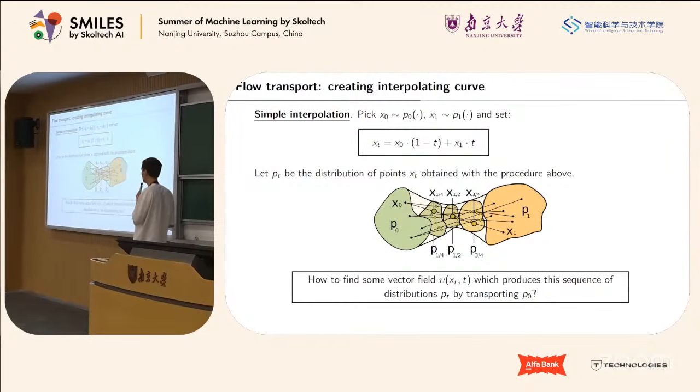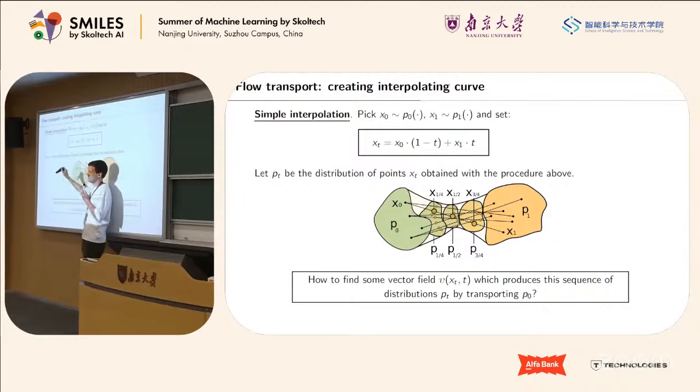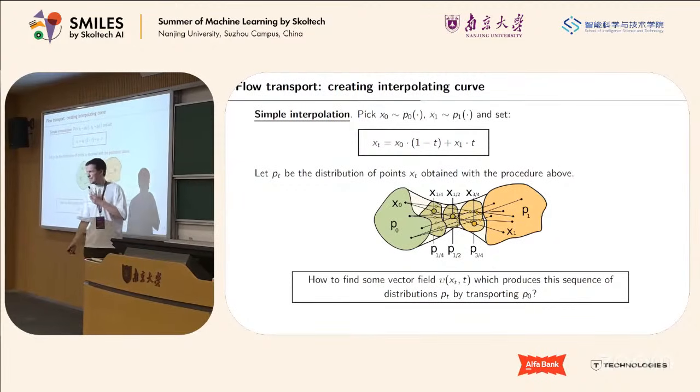The distribution of this random variable xt will be your interpolating distribution pt at time moment t. If you take t equal to 1/2, then you take two points from the input and target distributions at random, average them, and obtain some average point. This point will be a sample from your intermediate distribution at time 1/2. And you can do this for any time moment t.